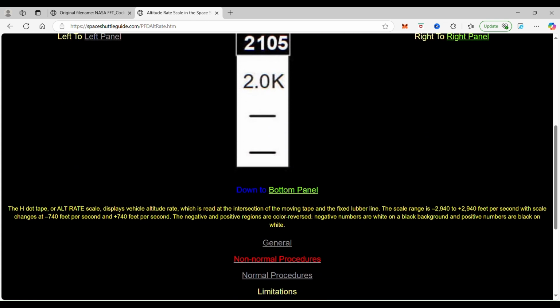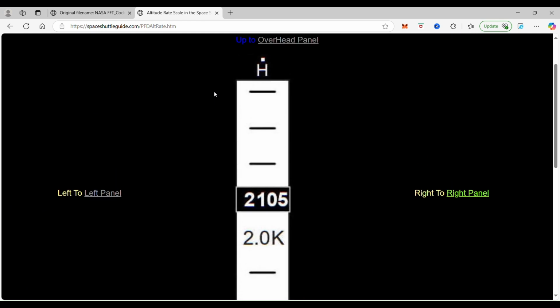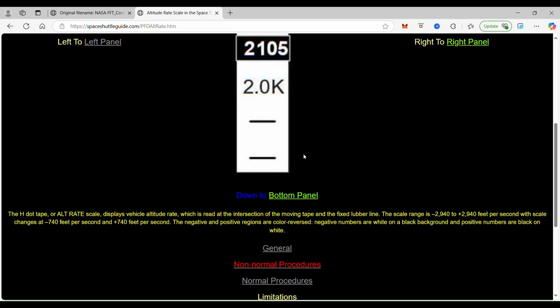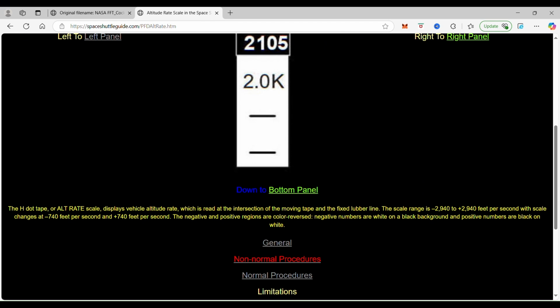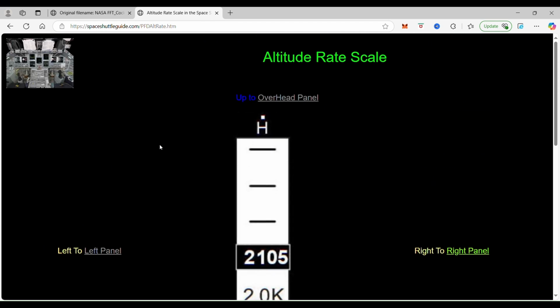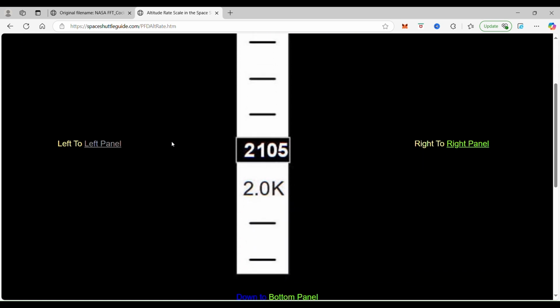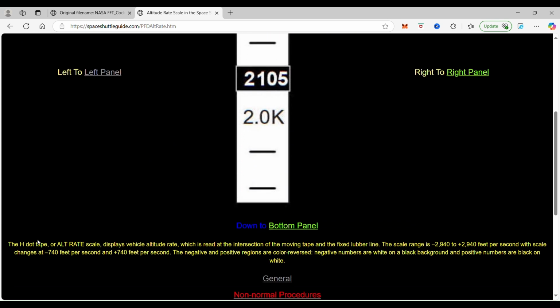As we can see, this is called the altitude rate, also called the H dot, or altitude velocity, or a height velocity, and it's the first derivative for all of you calculus geeks.